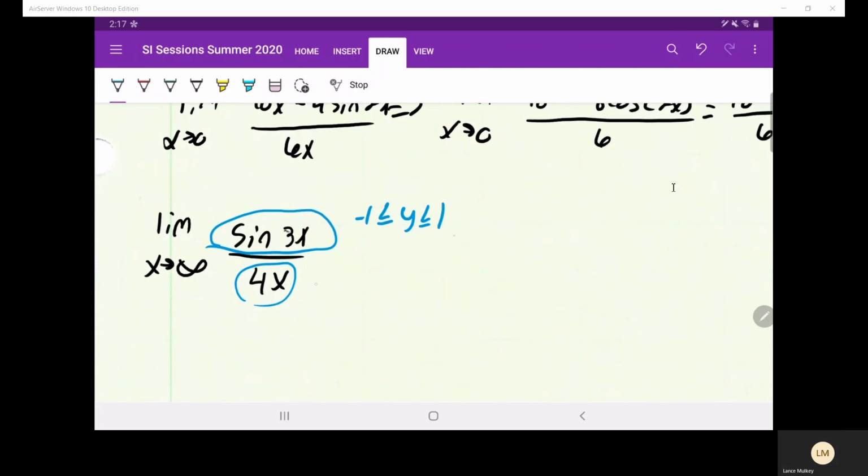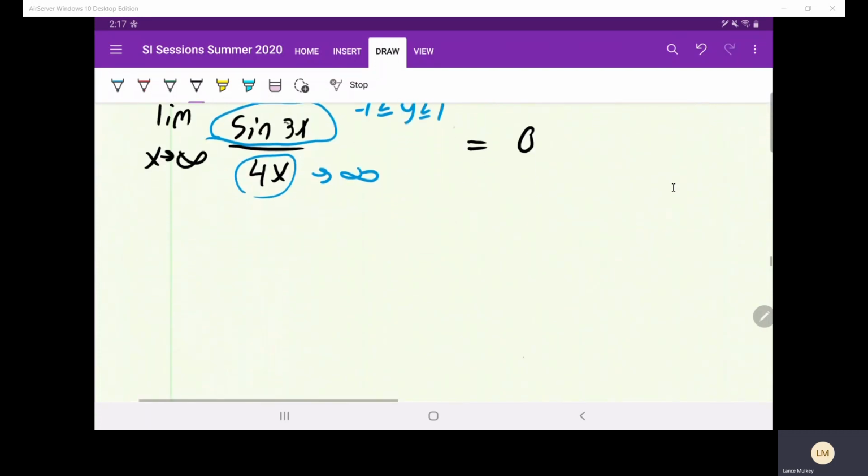This is approaching infinity, so the limit of this is equal to 0, because the bottom is getting bigger, but the top is staying in the same range. So it's going to be pretty much 0 at that point.